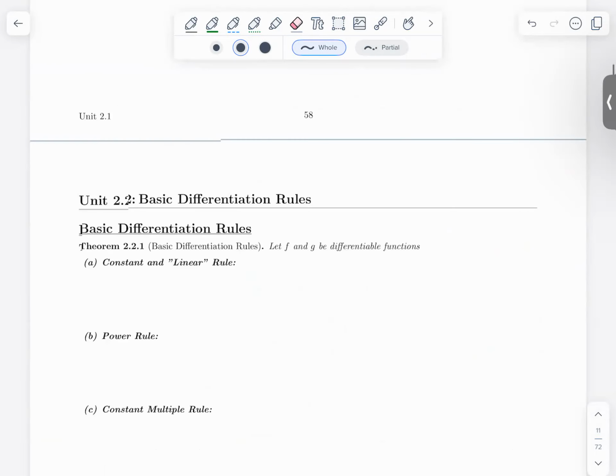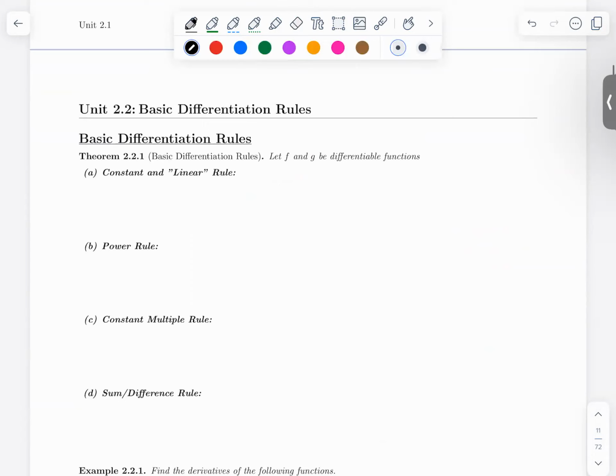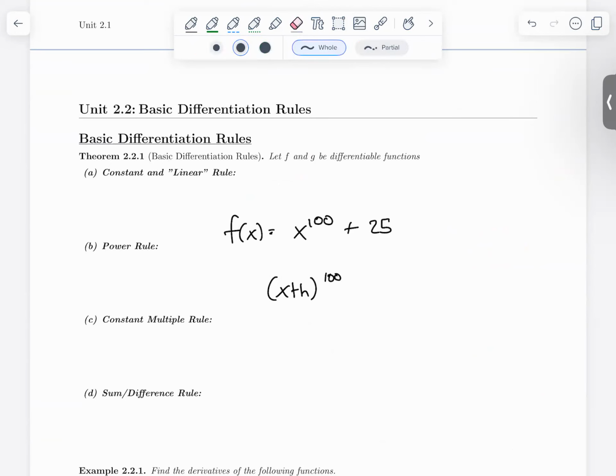What if your function was this? f of x equals x to the 100th plus 25. Would you want to do x plus h to the 100th power? You guys want to do that? Sounds like a fun Friday night, in my opinion. But I mean, you could bust out Pascal's triangle, right? You guys remember Pascal's triangle?